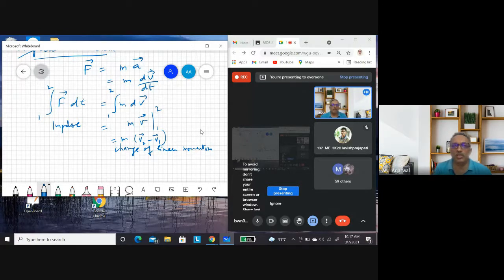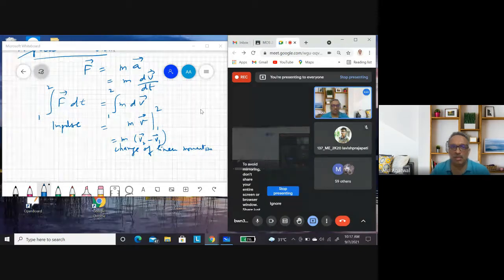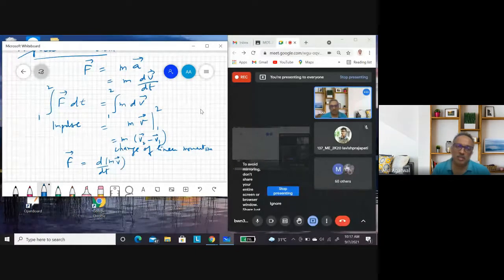Another way you can look at it is, we have F is equal to d by dt of m into v. Since m is a constant, you can take m inside the derivative sign. For Newtonian mechanics, m is a constant.